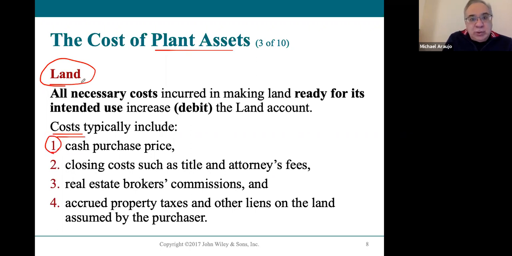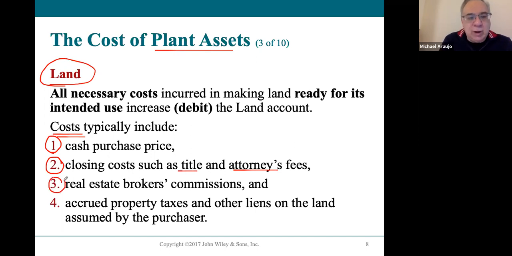Because land is real property, you have closing costs, which means you have to have it transferred legally into your name from the previous owner's name. That's going to be a title fee, and you're going to need attorneys to make sure that legally all the processes are followed. So you do take property ownership of that asset.